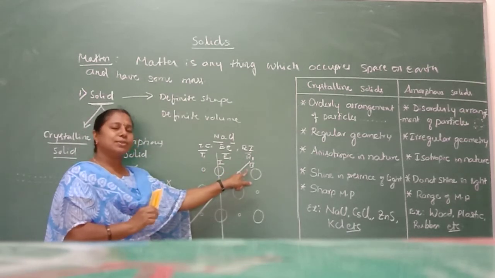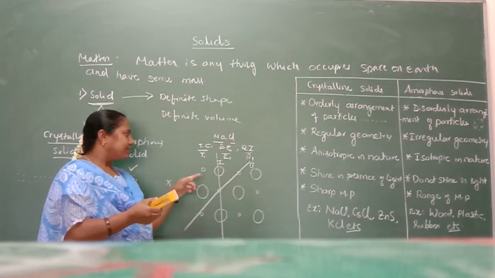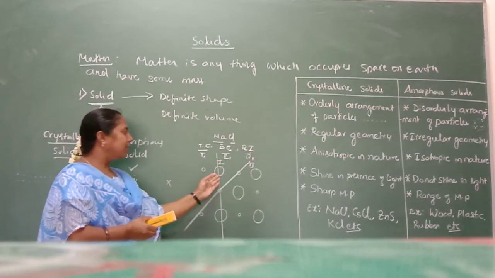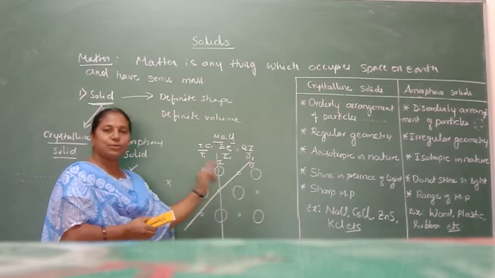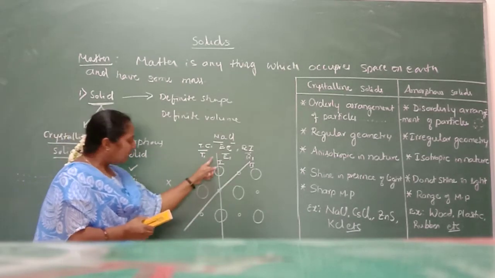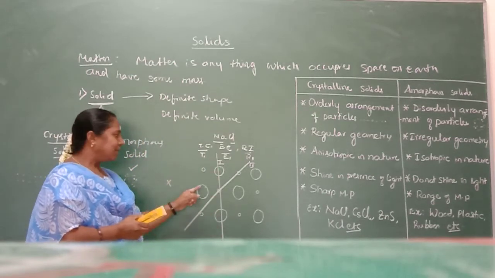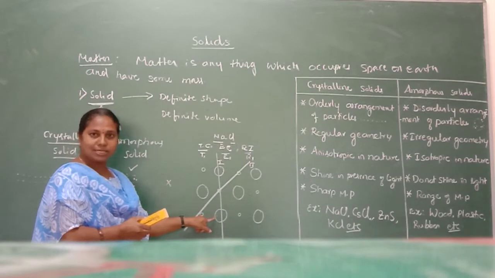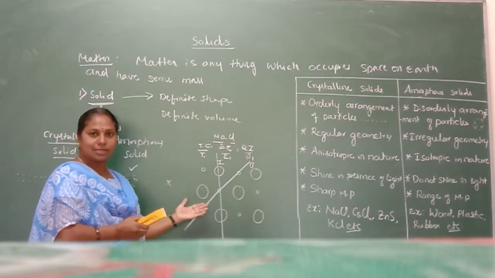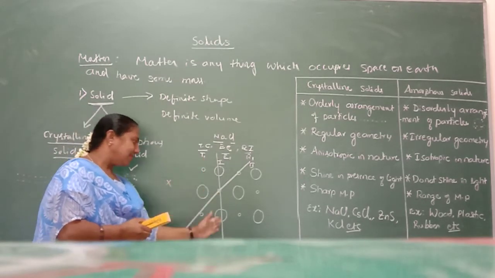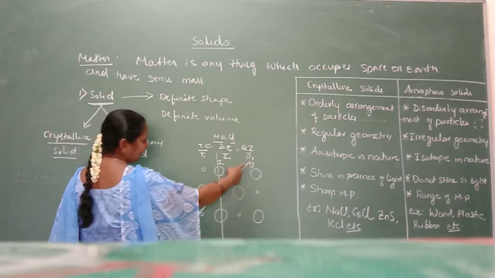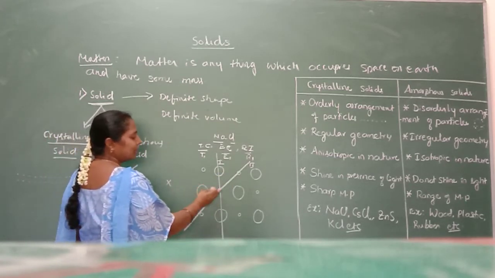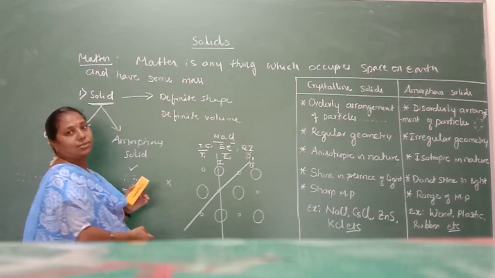What is the reason for the difference in the physical constants in the two directions? In the first direction, both Cl- ions and Na+ ions are present, both cations and anions. In the second direction, only one kind of ion is present.